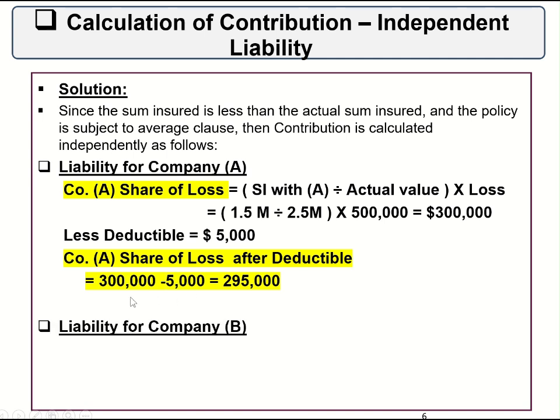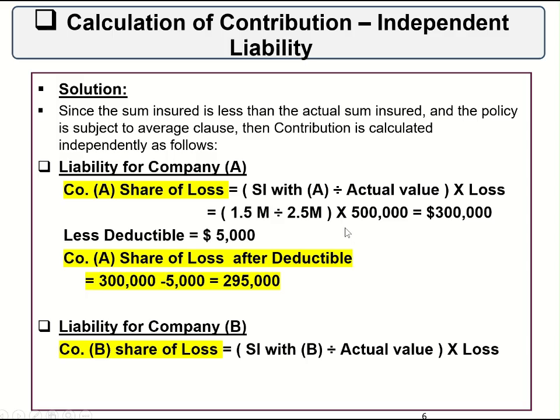$295,000. Next, we shall calculate the liability for company B in the same process. Company B's share of the loss will equal the sum insured with B divided by the actual value at the time of the loss, multiplied by the loss.